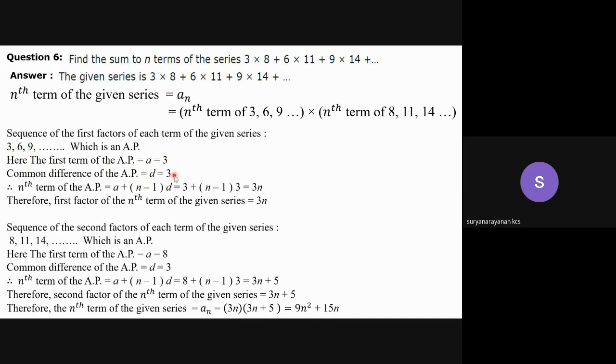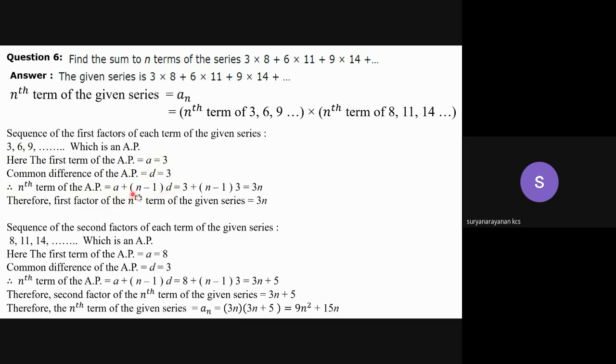So what will you get here? The common difference is 3. Here we found the first term and common difference of the arithmetic progression. Now we are going to find the nth term. Therefore, the nth term of the arithmetic progression is equal to a plus (n minus 1) into d.